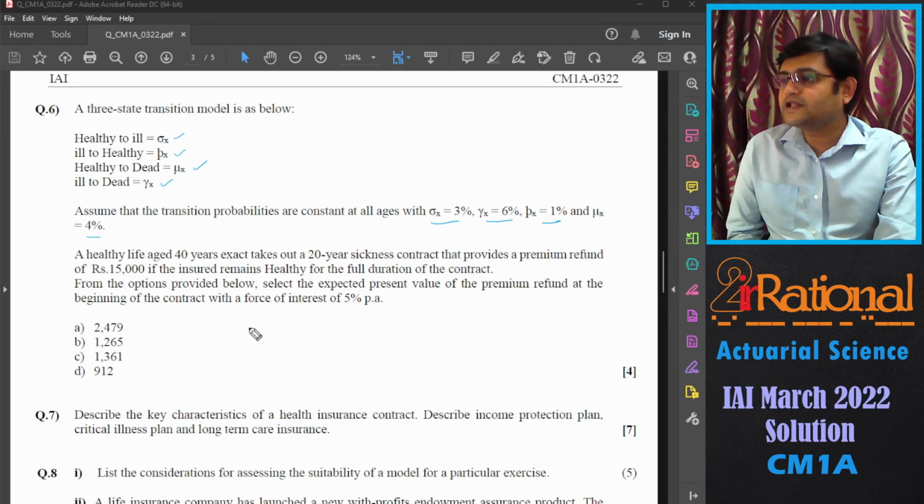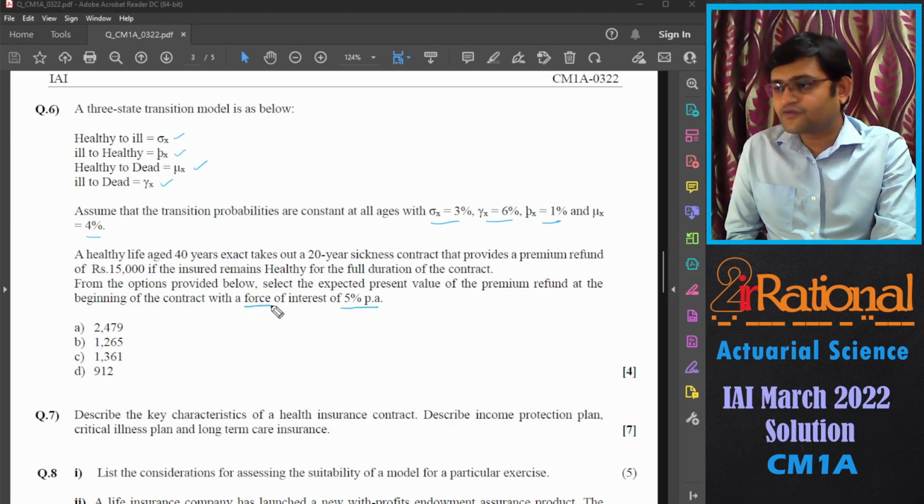A healthy life aged 40 years exact takes out a 20-year sickness contract that provides a premium refund of rupees 15,000 if the insured remains healthy for the full duration of the contract. From the options provided below, select the expected present value of the premium refund at the beginning of the contract with the force of interest of 5%.